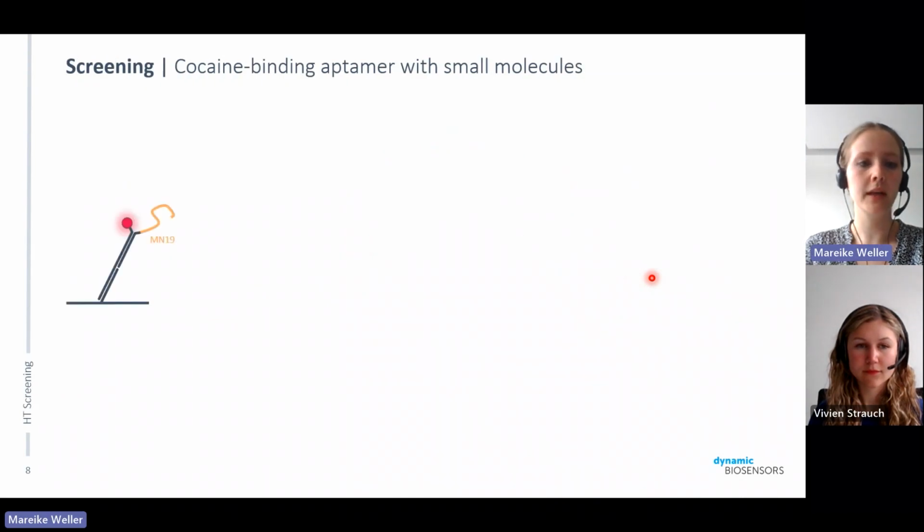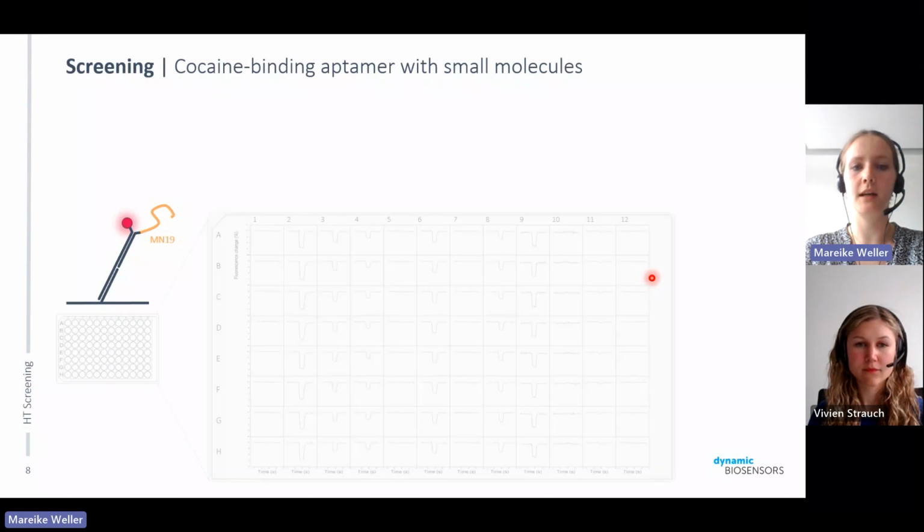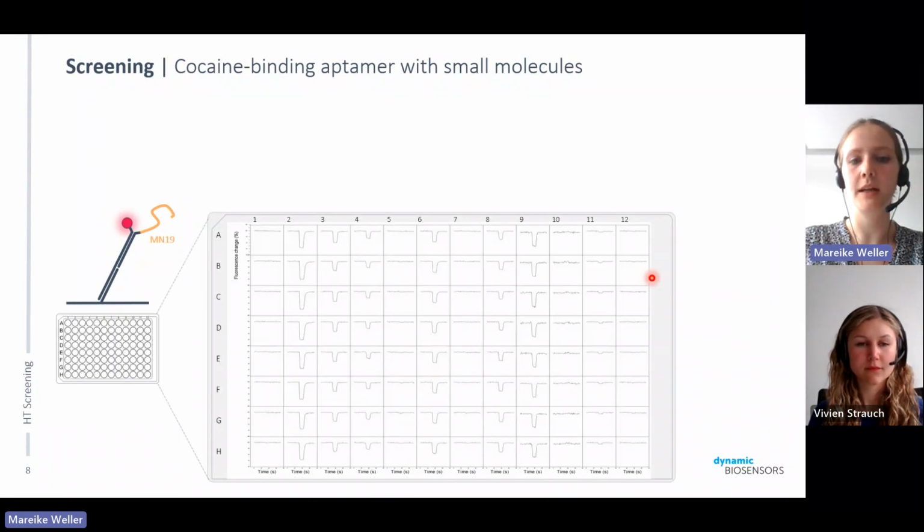To do such a screening, we have our chip surface prepared, and then we measure in a 96 well plate. The well plate shows you here repetitions of 8 of different small molecules, to also show you the reproducibility of this assay setup.